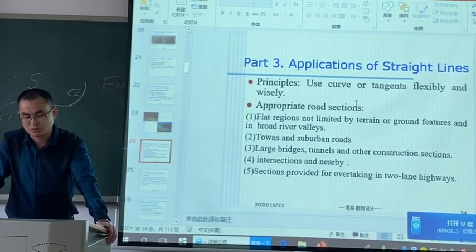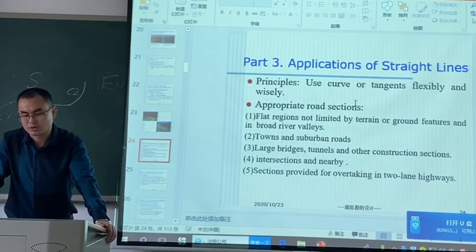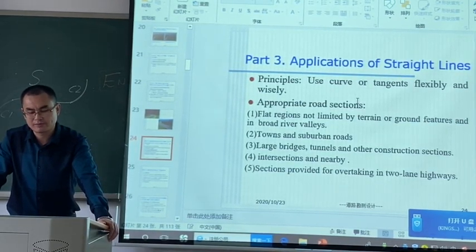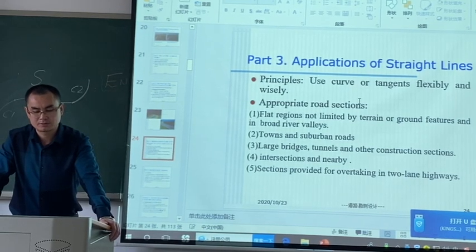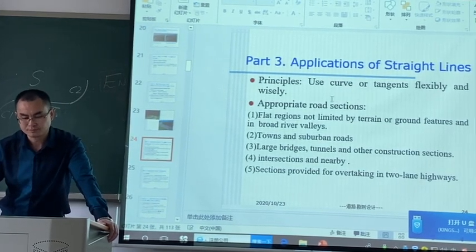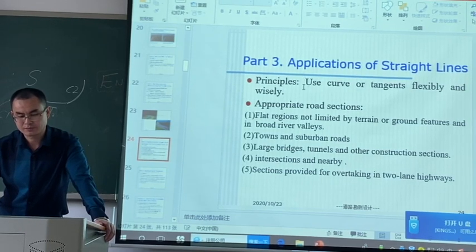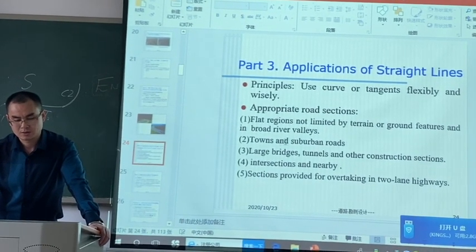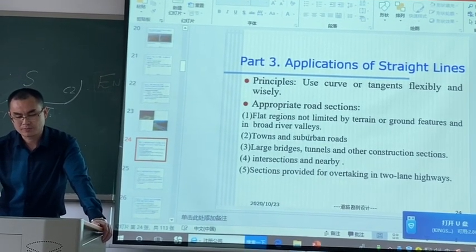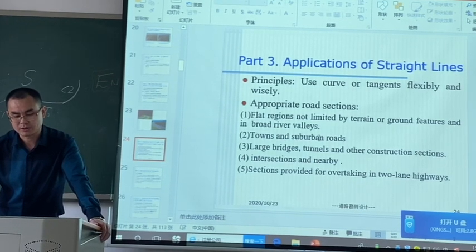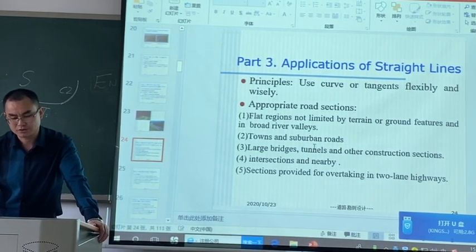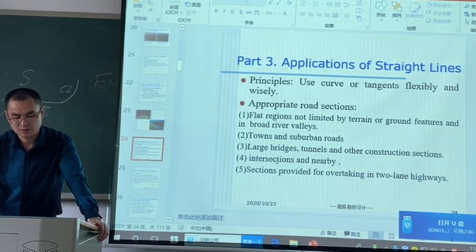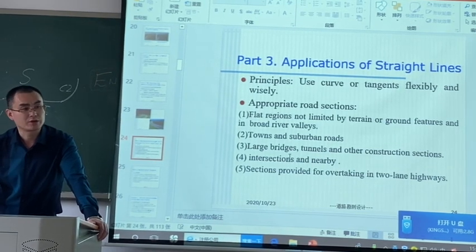Flat regions not limited by terrain or ground features, and broad river valleys: use straight line. Towns or suburban roads, large bridges, tunnels, and other construction sections: usually use straight line.